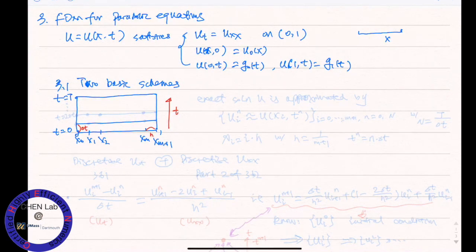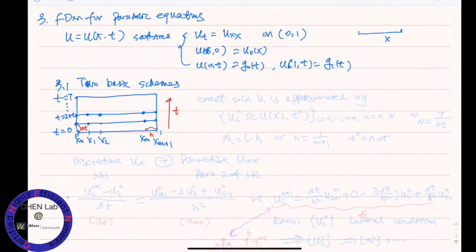By resolving t at the next time level, basically we try to find approximations at those same grid points. And we go one more level, so t is equal to 2 delta t, and so on all the way to t equal to capital T. We also resolve the function by calculating its values at those x points.